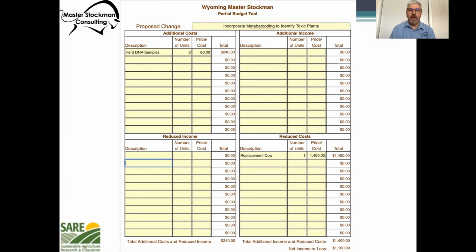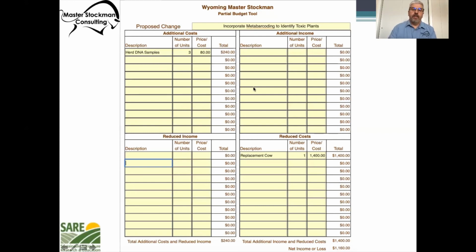But Hudson talked about that we probably aren't there yet. So we wanted to look at this from a simple perspective of, if you are losing some animals due to toxic plants, being able to utilize this process to identify the toxic plants that are causing you the issue, and being able to save an animal or two in that process.